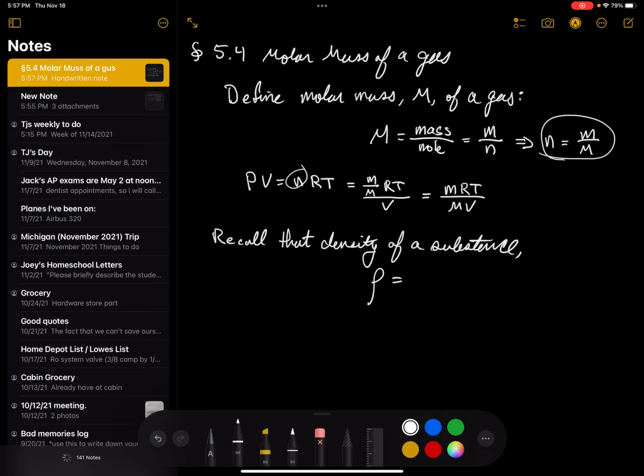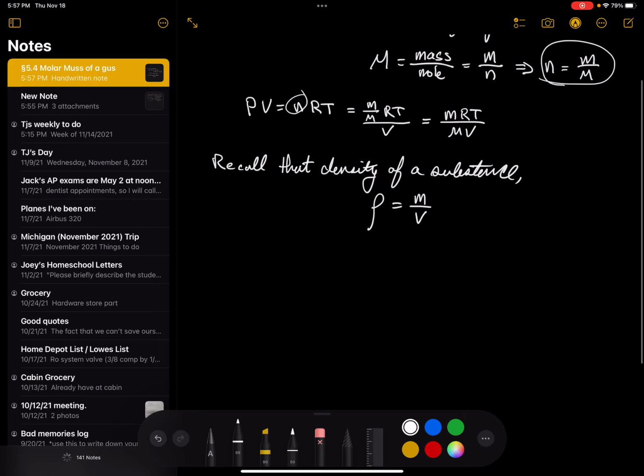And so rho is equal to mass divided by volume. And so I can substitute that into my ideal gas equation and get that the pressure of an ideal gas is equal to the density rho times the gas constant times the temperature divided by the substance's molar mass.